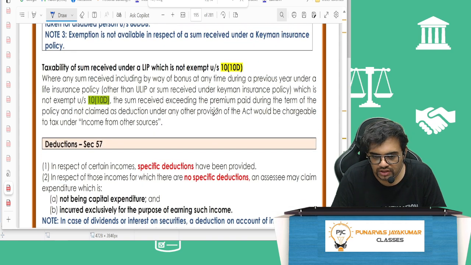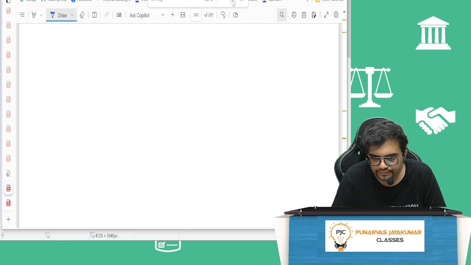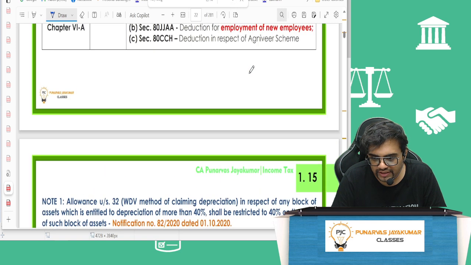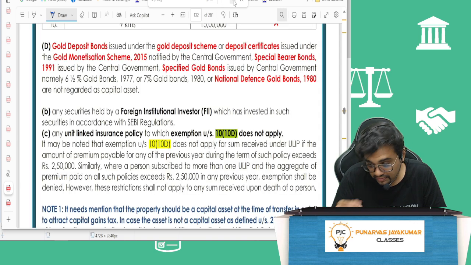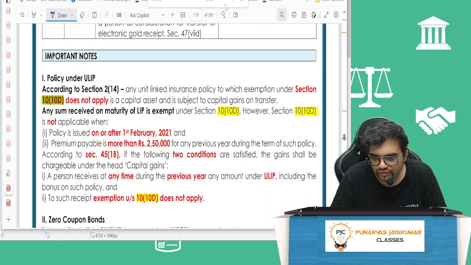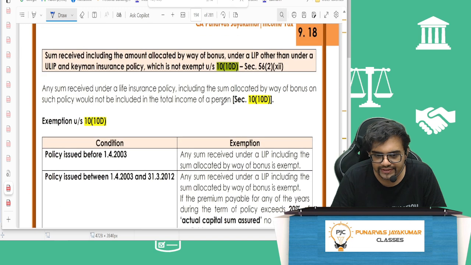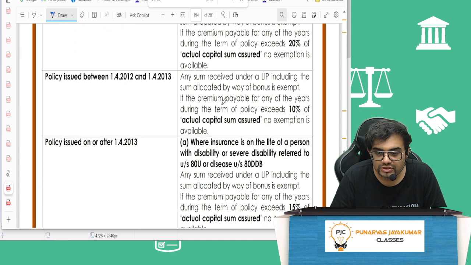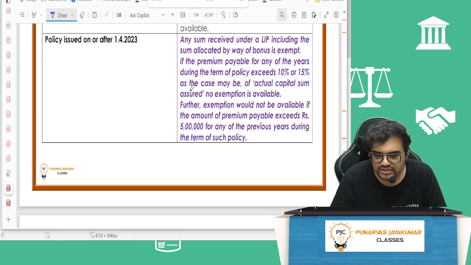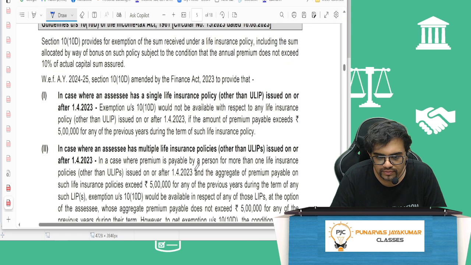If you see in our material, page number 9.18, all the details are given. Under ULIP it is given on 8.41, but other than ULIP it is given on 9.18. All these provisions are most important.